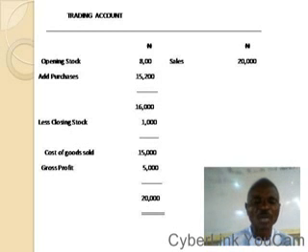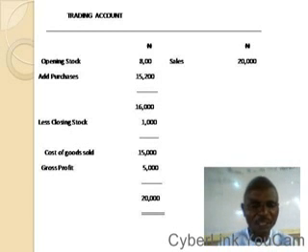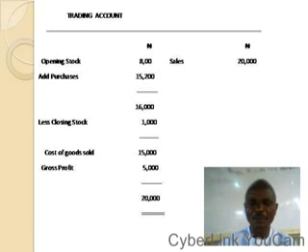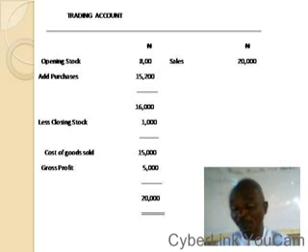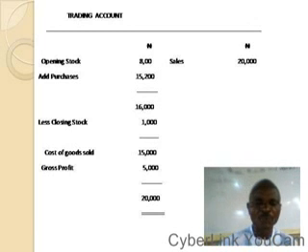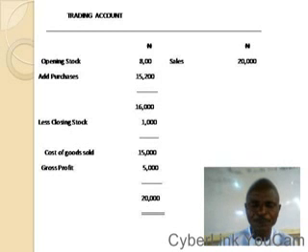First of all, you calculate the value of the cost of goods sold. To get the cost of goods sold, you have selling price minus CP, which is the cost of goods sold, will give us a profit. But this time around, the profit is known, and you minus the profit from the selling price will give us the cost of goods sold.